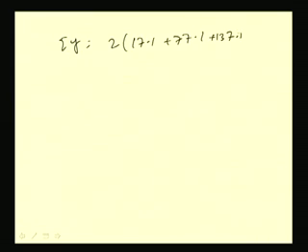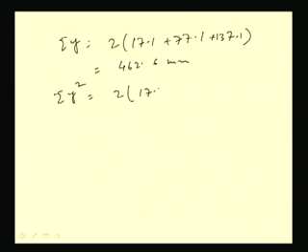So summation y is becoming 2 into 17.1 plus 77.1 plus 137.1. So this is becoming 462.6. Similarly, summation y square can be found out as 17.1 square twice, 77.1 square, 137.1 square.